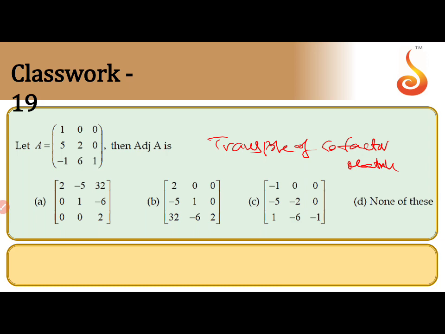I will explain on the next page, it is convenient for you. A is the matrix 1 0 0, 5 2 0, minus 1 6 1, which is given.